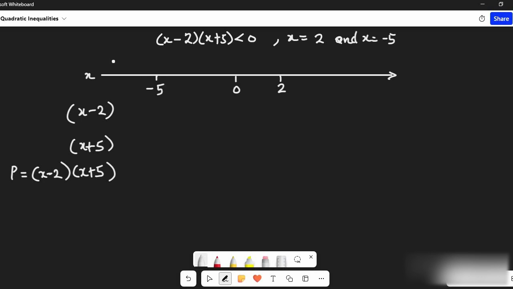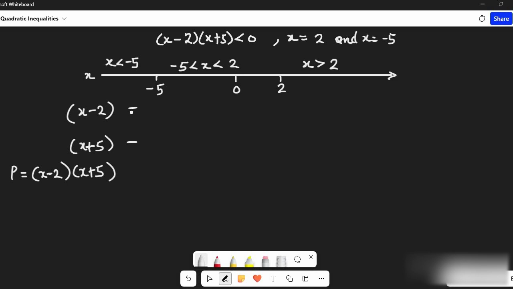Alright, so in this region, we have that x is less than minus 5. Here, between minus 5 and 2, we have that minus 5 is less than x is less than 2. And here to the right of 2, we have that x is greater than 2. So when x is less than minus 5, we have that this factor will be negative, and this factor will be negative.